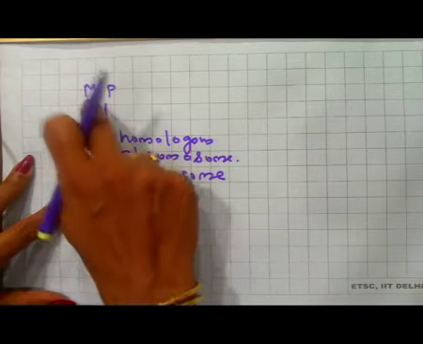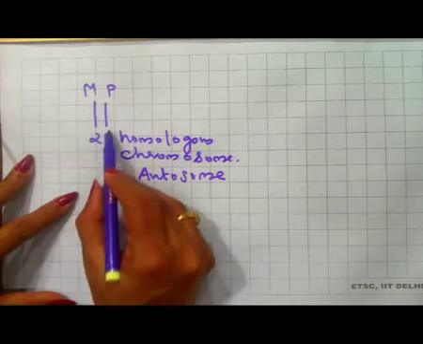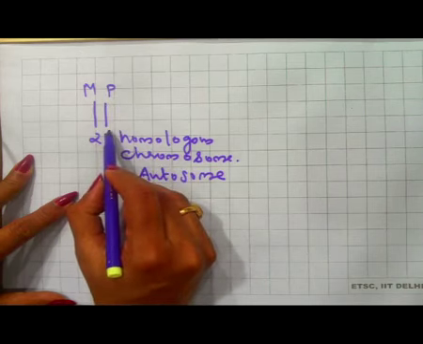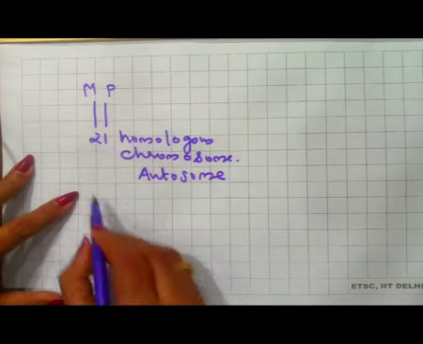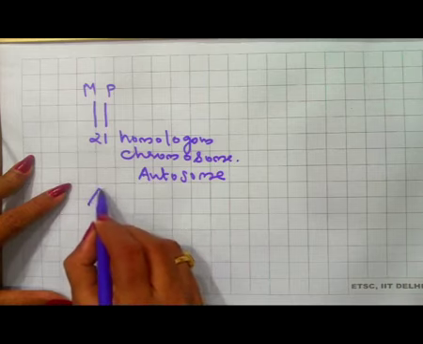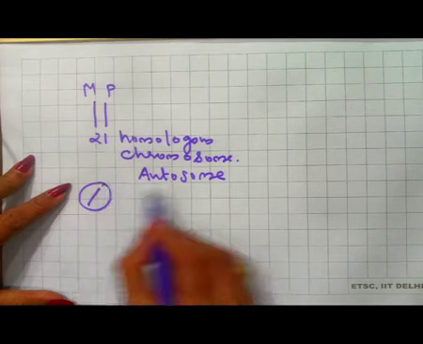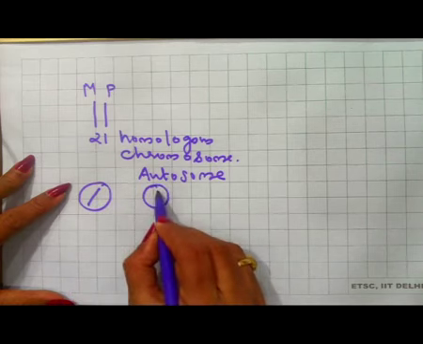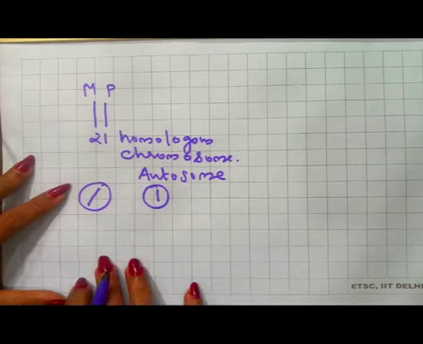One is the maternal chromosome and the other is the paternal chromosome. Now, during gamete formation, normally they must segregate and move to 2 different gametes.